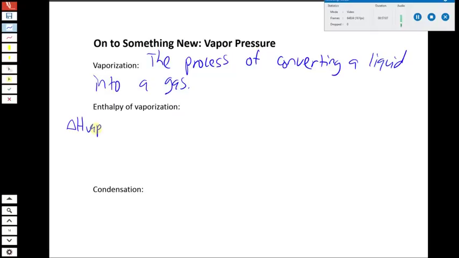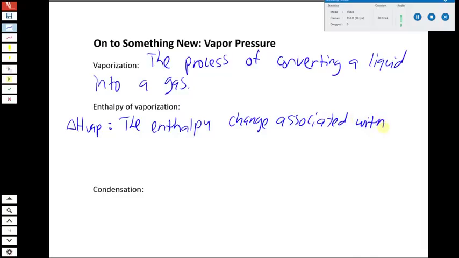So that's the enthalpy of vaporization, and this is the enthalpy change associated with vaporizing 1 mole of substance. Vaporization is technically a physical process, but it would still have an enthalpy change associated with it.